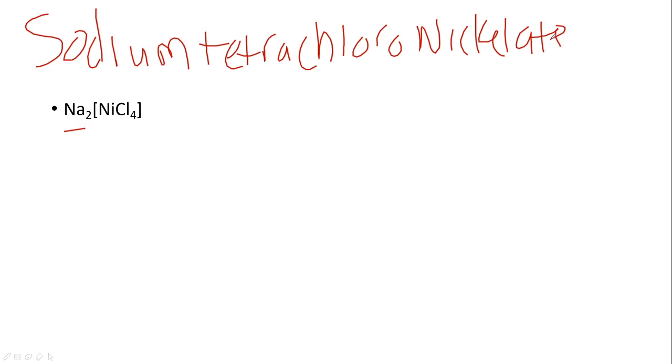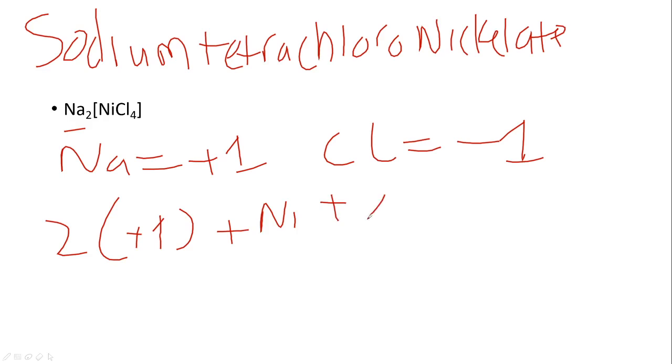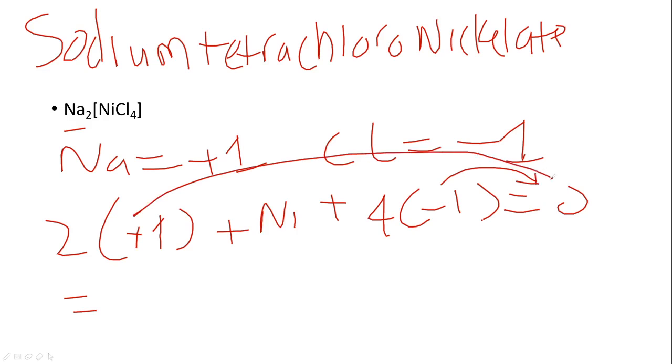Now we know sodium, like potassium, has +1, and chlorine, like cyanide, also has -1. Now to calculate the oxidation number, like before, we have 2 in brackets +1 plus nickel plus 4 in brackets -1. Then we take this is equal to 0. Always complete your equation. Then take this 2 to this side.